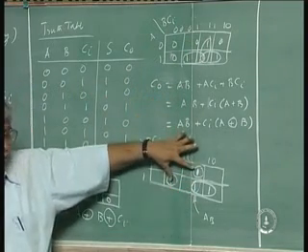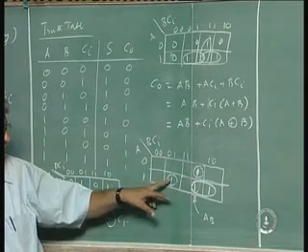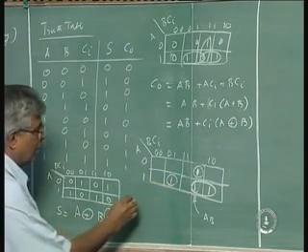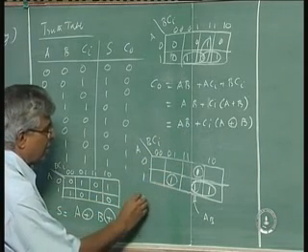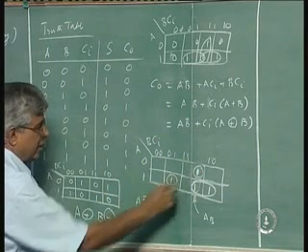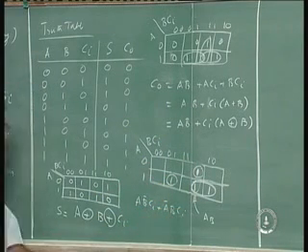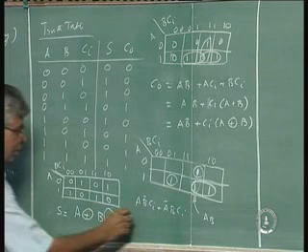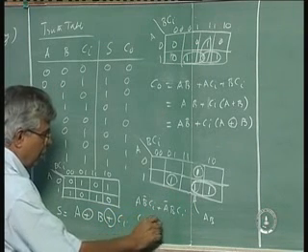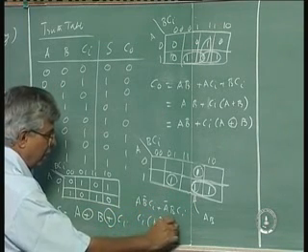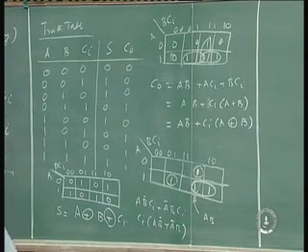Now if I consider these two terms separately, what is this? This is A B bar Ci, and this is A bar B Ci. So if I take Ci out, it becomes A B bar or A bar B. Is that right?